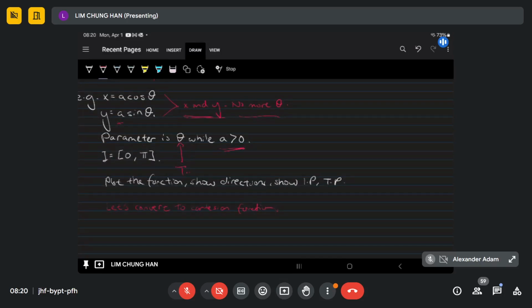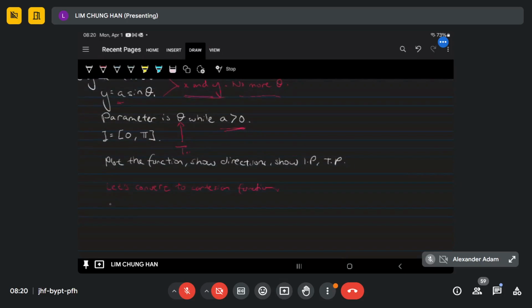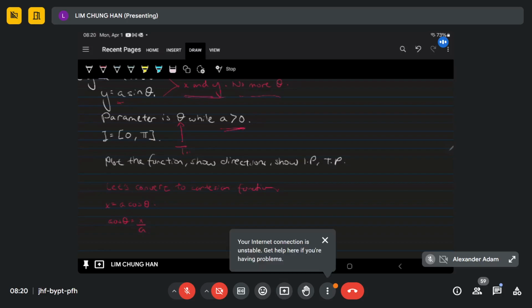You can rearrange. We know x equals a cos theta, so I can rearrange to get cos theta equals x over a.